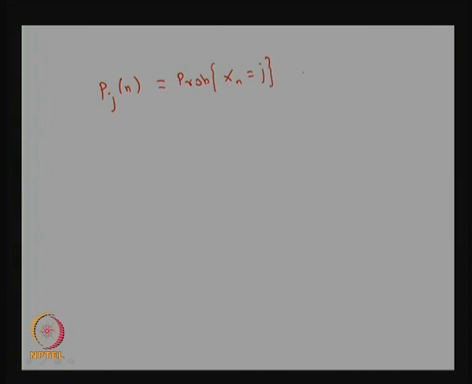This is the probability mass function of the random variable X_n, and here j belongs to the state space S.